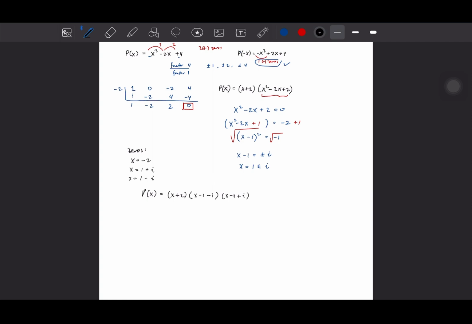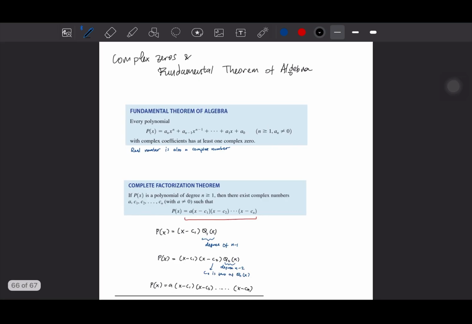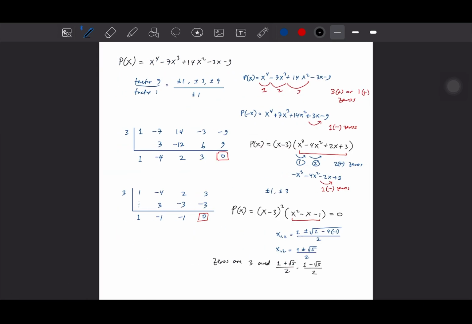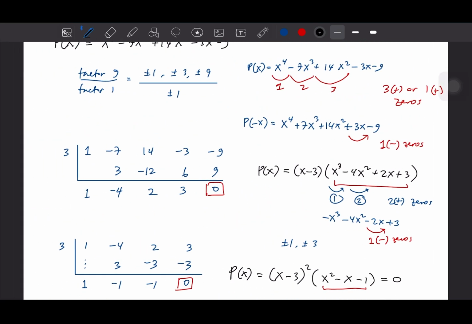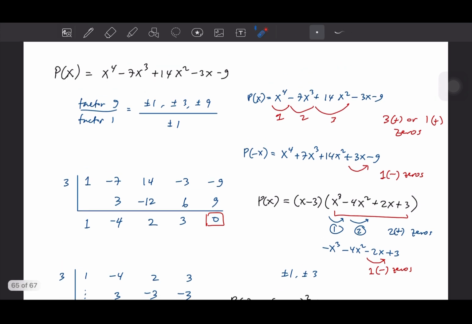Okay, now let's go back a little bit, showing the example that we have done here, just to show you that in this process, in the Descartes rule, we might have this, right? 3 positive or 1 positive and then 1 negative.